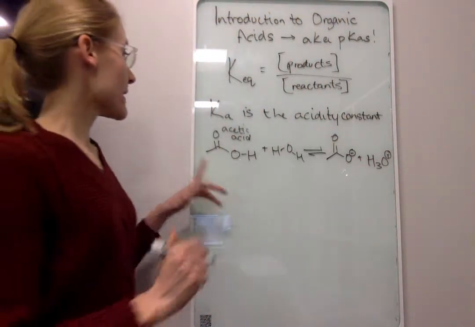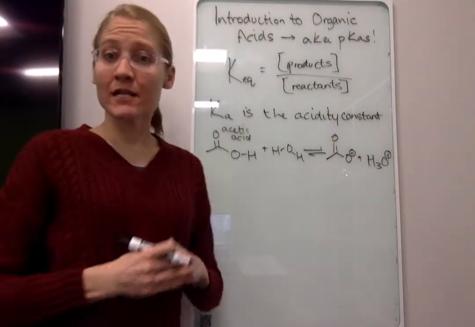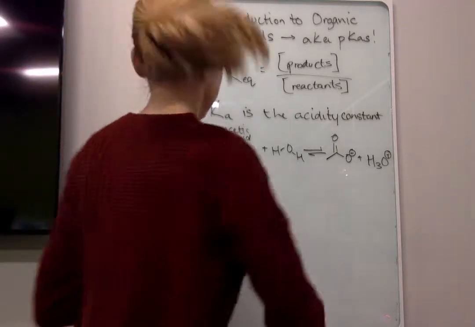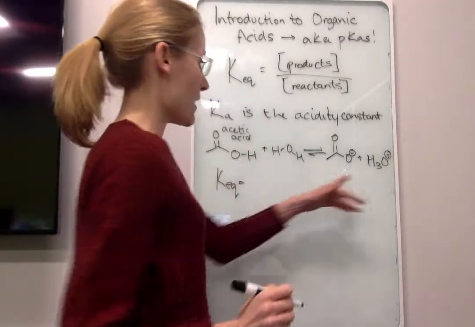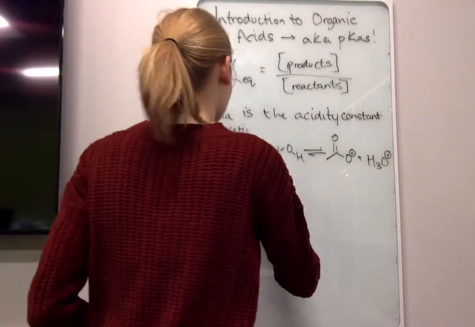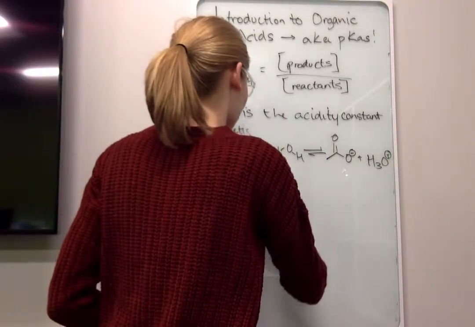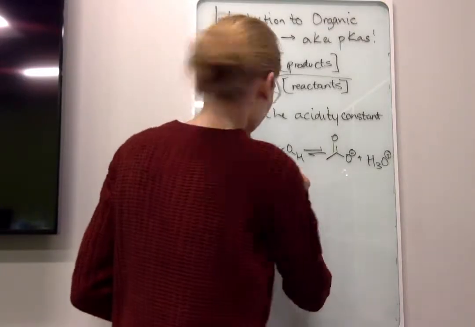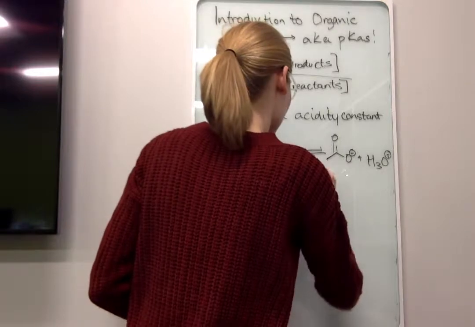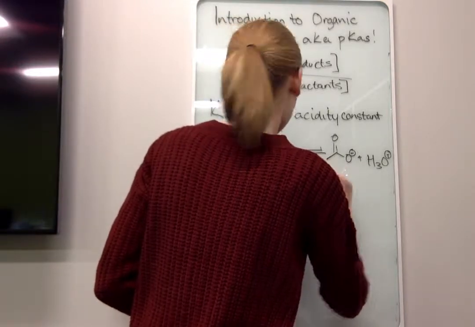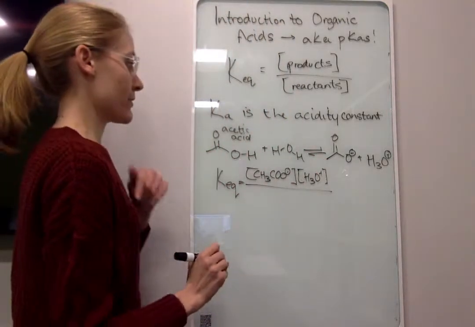And so here, Keq, which is the Ka, is the products over the reactants.